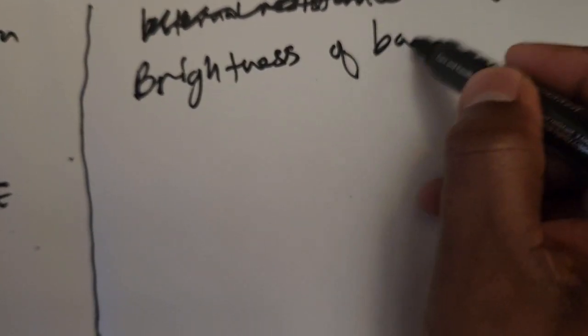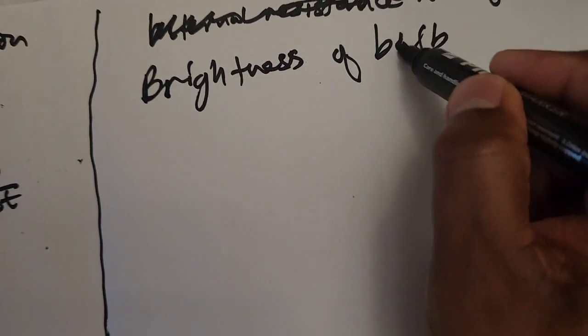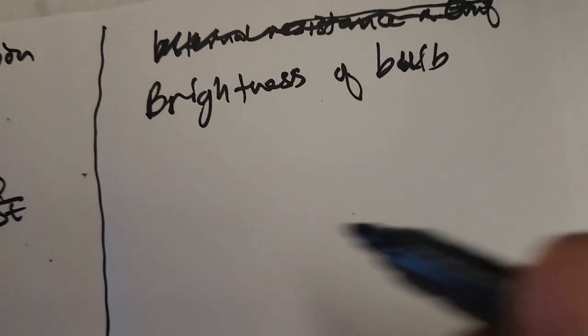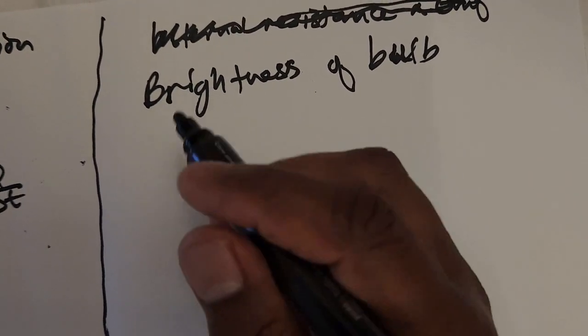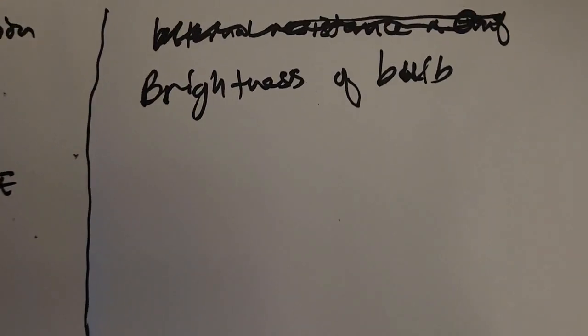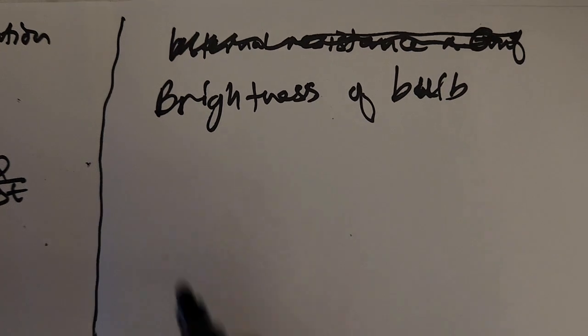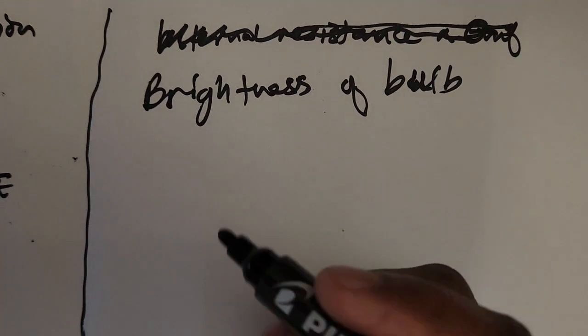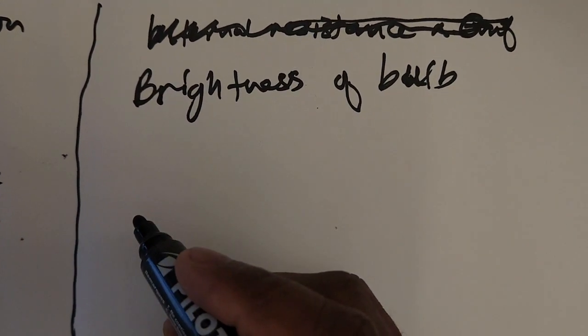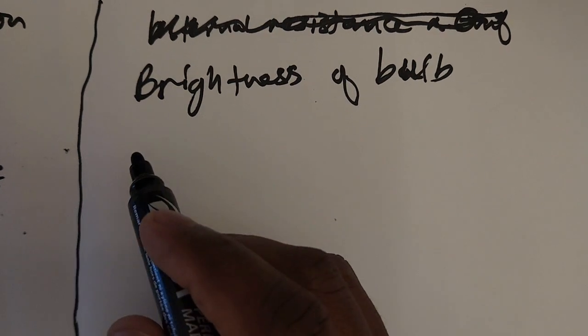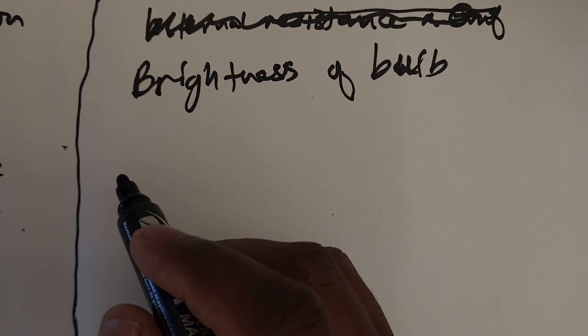For the brightness of the bulb, we'll only consider two things in this case: series and parallel connections. What will be the brightness of the bulb when the cells are connected in series? Now in this case, for a series circuit, bulbs in series.